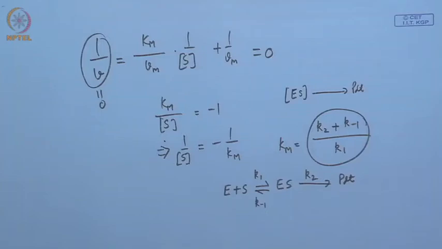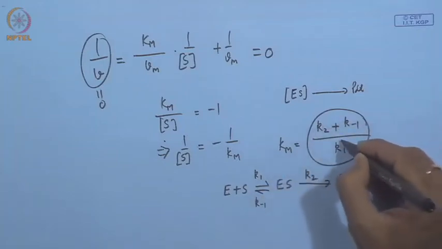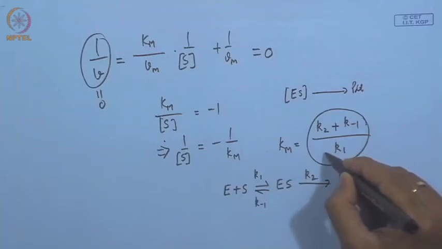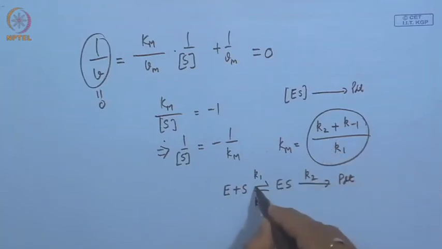So, what is the meaning of a small value of Km? Small value of Km means K1, this step, is large. K1 is large means this step is pronounced, so the back reaction is possibly less.